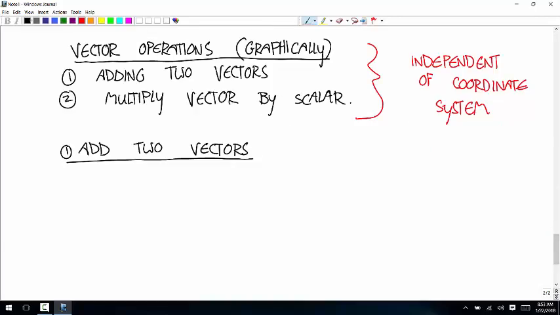Okay, so to add two vectors, you first put the vectors head to tail. It's fine to move vectors around as long as you don't change their direction, because they have two properties and none of those is location. So put the vectors head to tail.